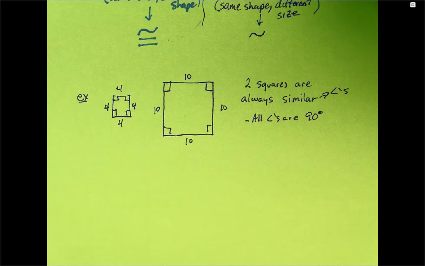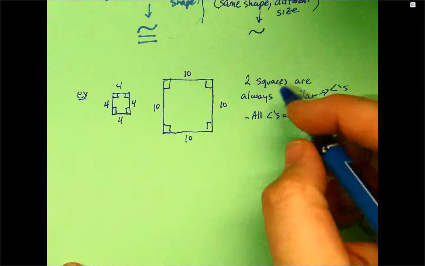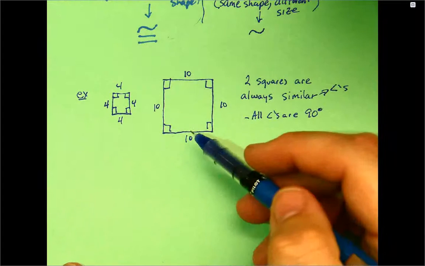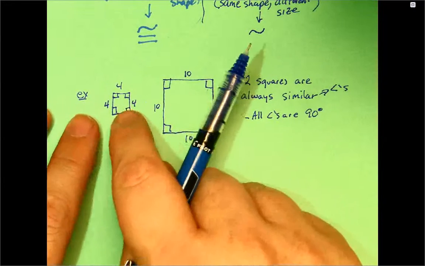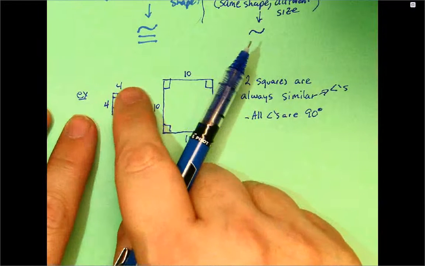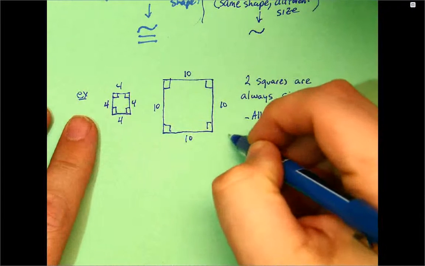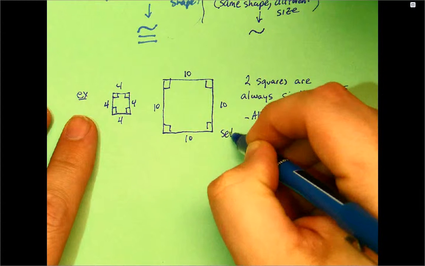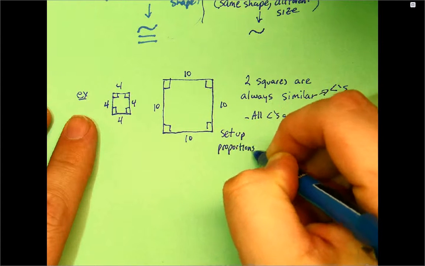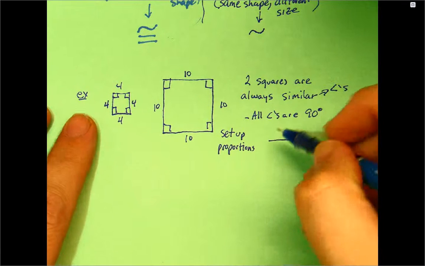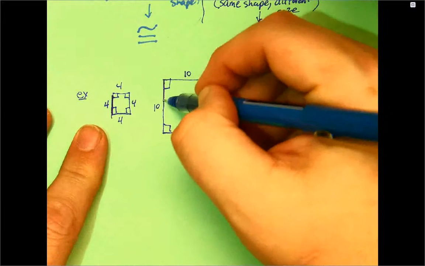Now, the sides are always proportional. And the nice thing about this is, since all sides are 4 here and all sides are 10 here, what we're going to set up is a proportion. For example, if we're going to use this side, we're going to use this side. And we're going to get 4 over 10.